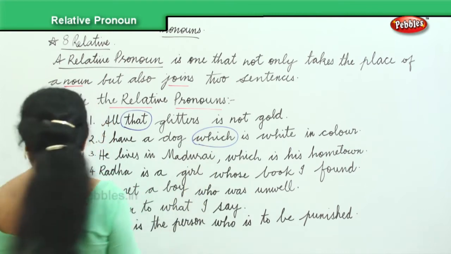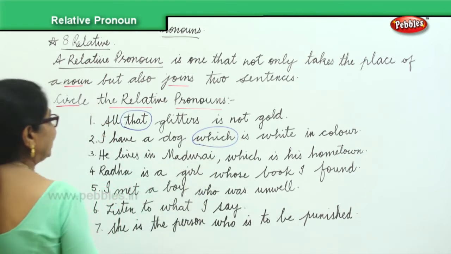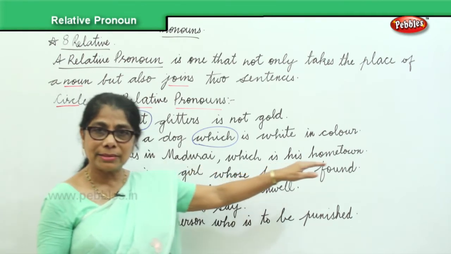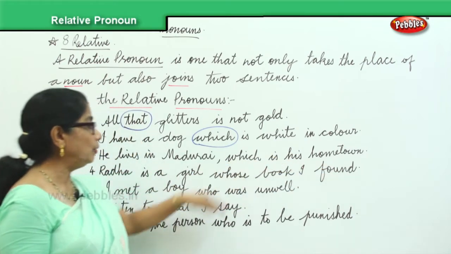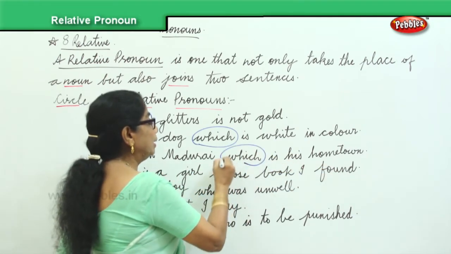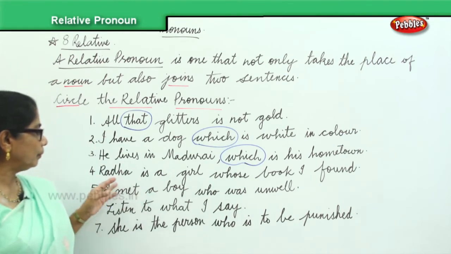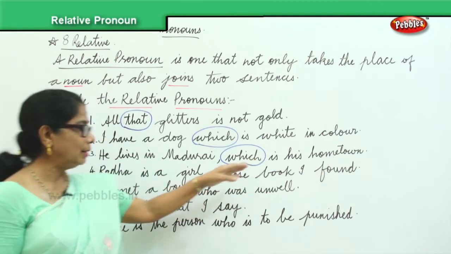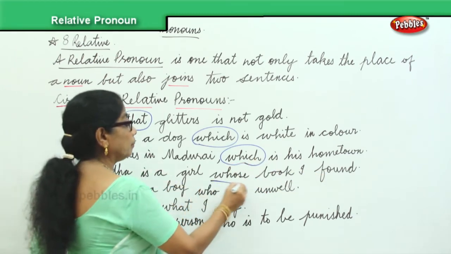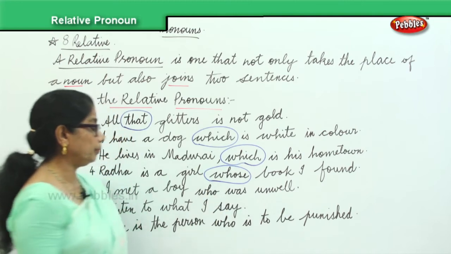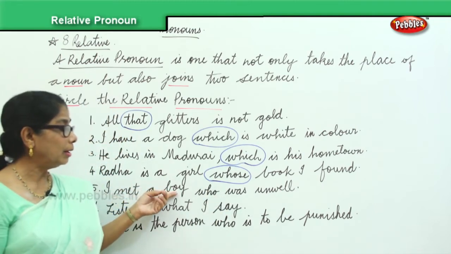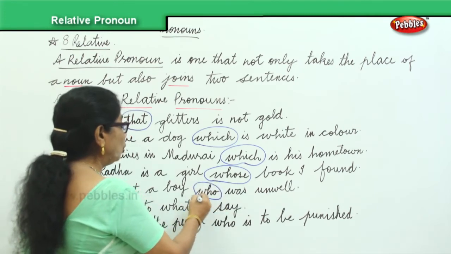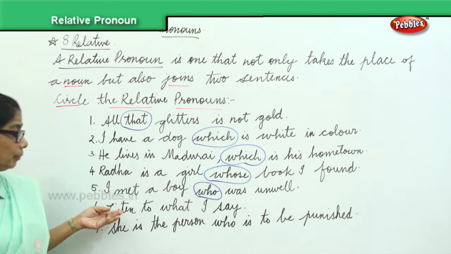I have a dog which is white in color. He lives in Madurai. Madurai is his hometown. He lives in Madurai, which is his hometown. Radha is a girl. Radha's book I found. So Radha is a girl whose book I found. I met a boy. The boy is unwell. It is joined by who. I met a boy who was unwell.